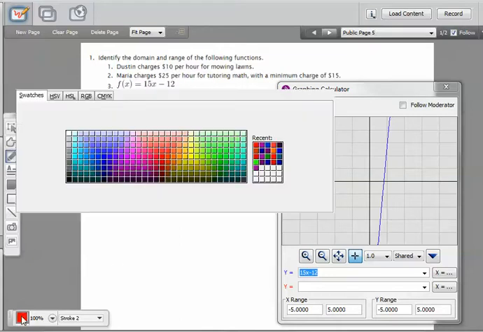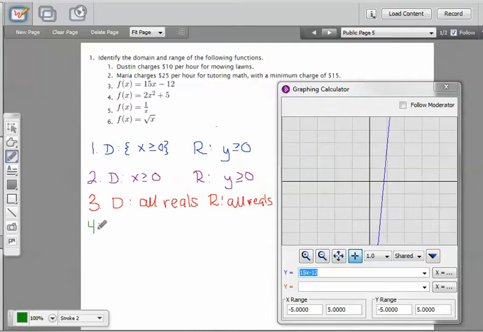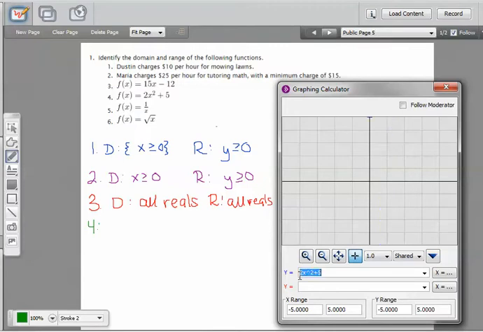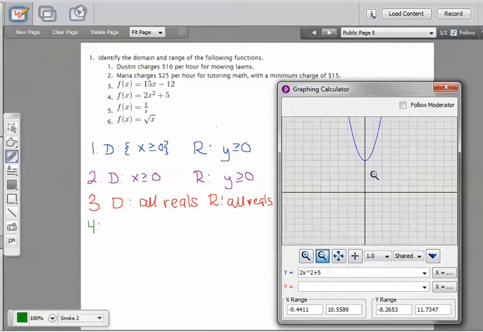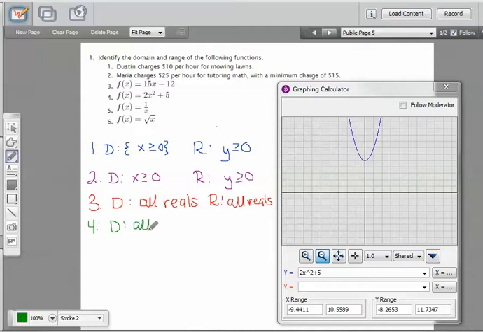For number 4, let's go ahead and change this function to 2x squared plus 5. I'm going to have to zoom out a little bit because it is way up here. We notice that our x values are any number, so we're going to leave our x as all reals for our domain.